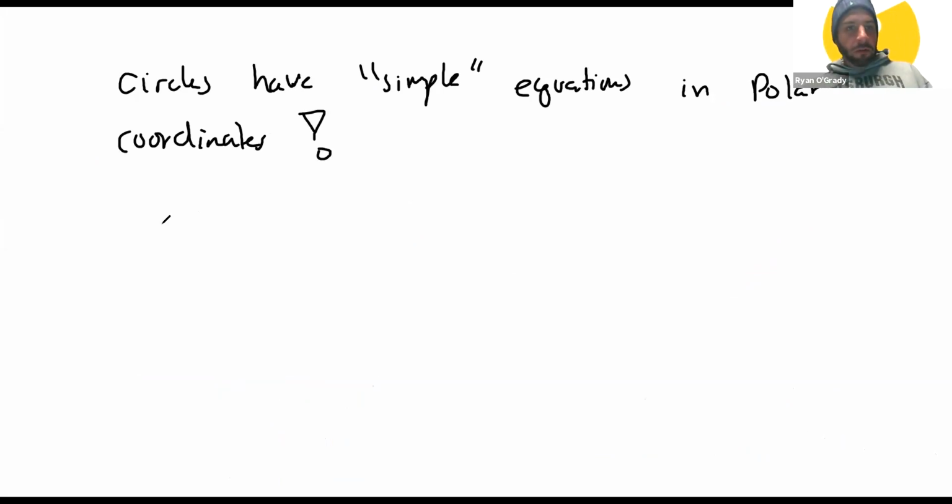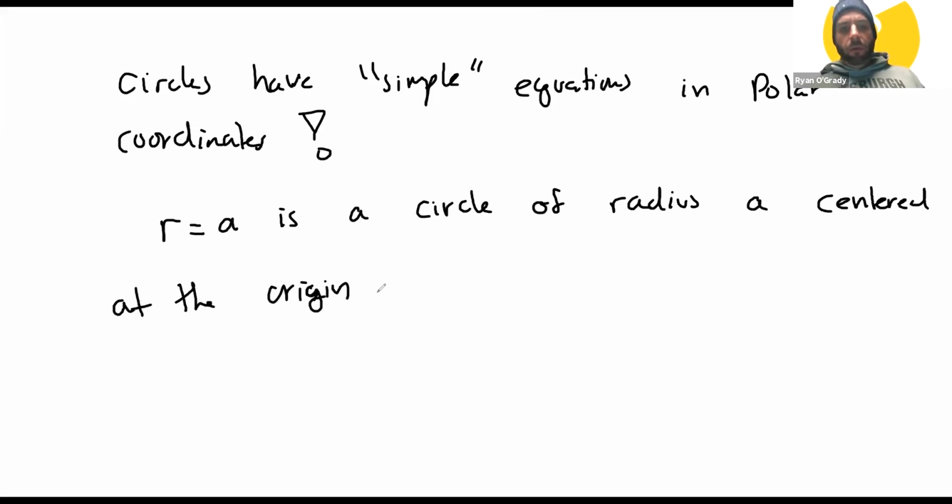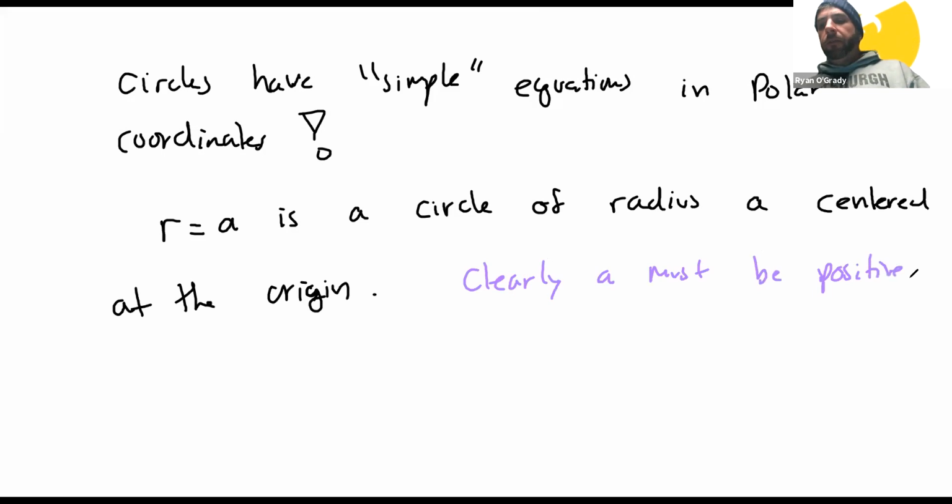For example, r equals a is a circle of radius a centered at the origin. That is the equation of a circle in polar coordinates. Real simple. All the points who are a distance a from the origin. Now, there's some context here. Clearly, a must be positive. It doesn't make any sense if a is negative.